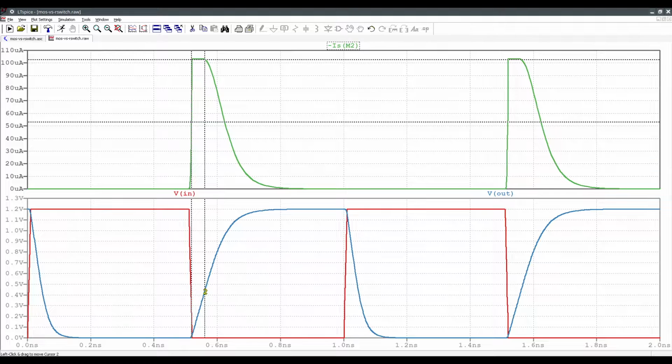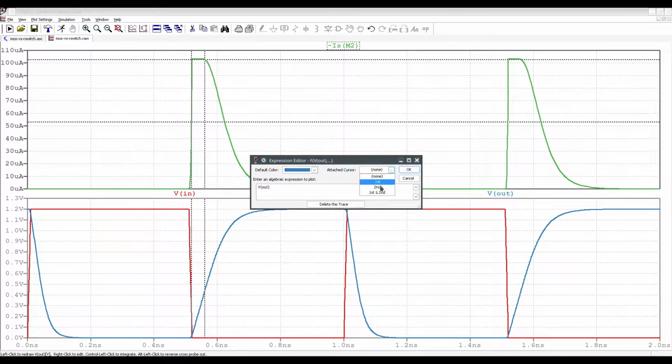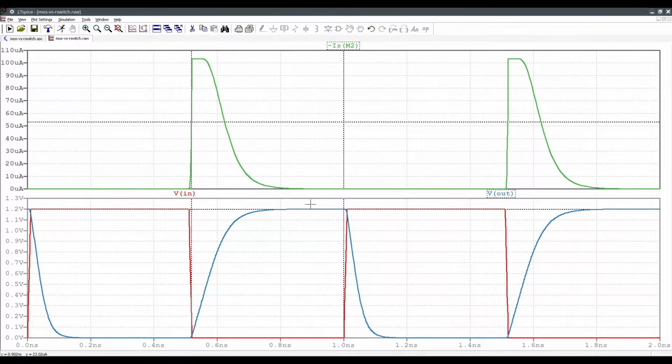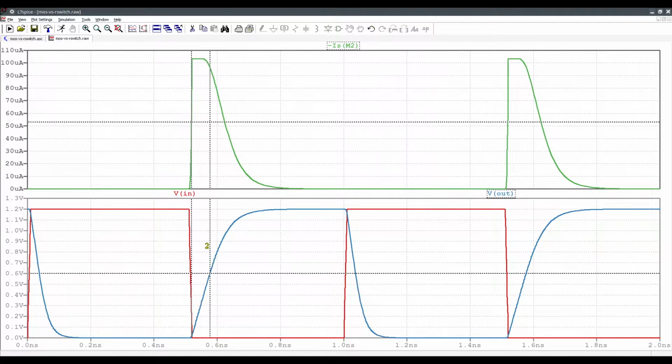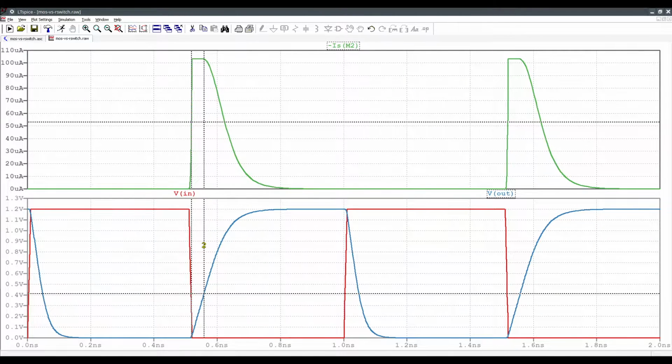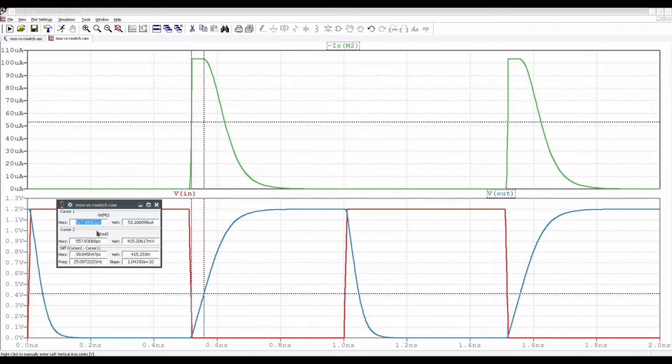At point 2, let me put cursor number 2 on the output, grab it here with my mouse, and look at where the drain current is constant, and when it goes off of constant, the voltage at the output node. That's cursor 2 to V out.